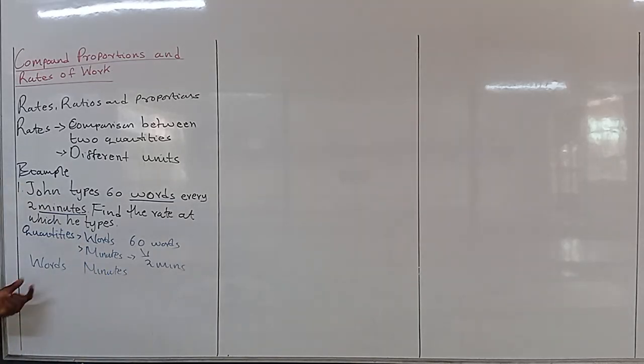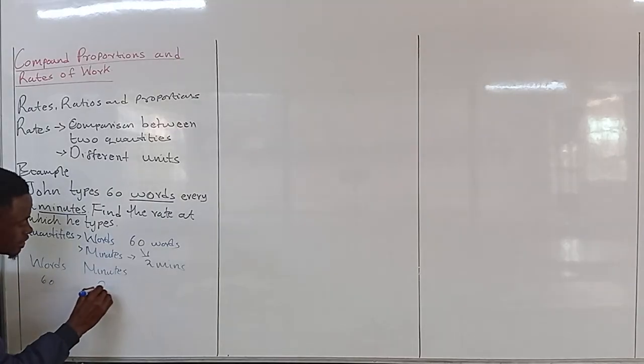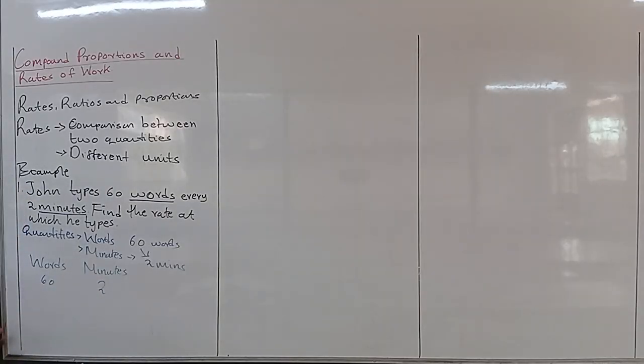So we have 60 words typed in 2 minutes. So our question is: what is the rate of work? We are now going to look at how many words can be typed in 1 minute.